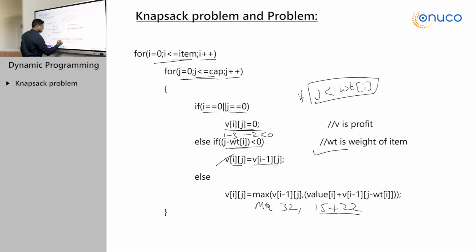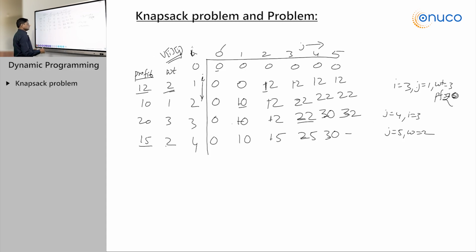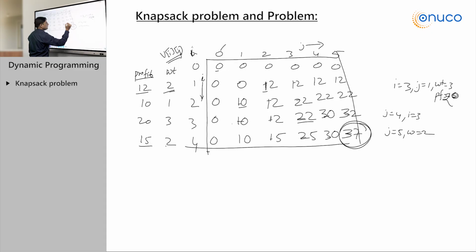We are going to take the max of 32 comma 37. So the total is 37. So here we are going to write 37. This is the maximum profit because it is the 4th row and 5th column.